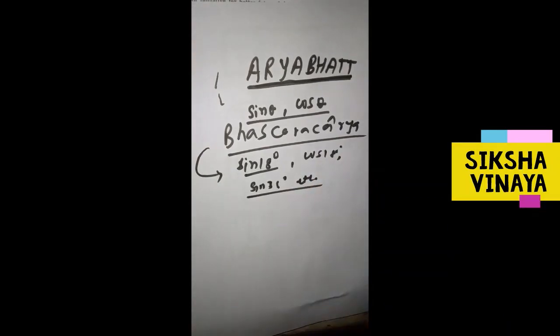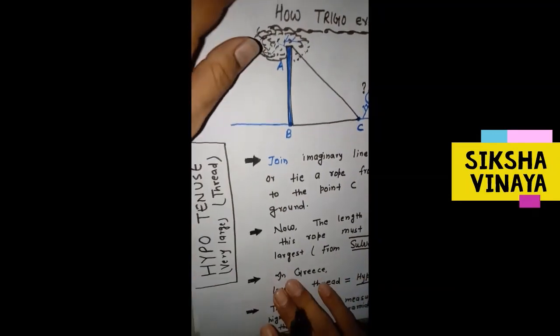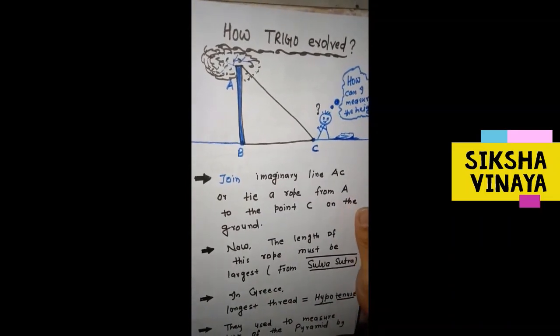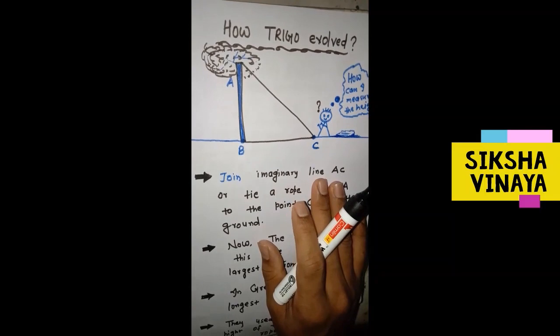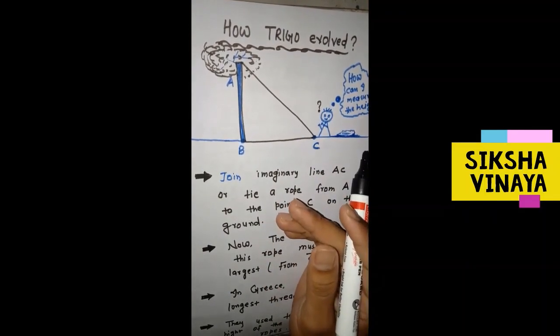Now our first topic is how trigonometry evolved, and why it was needed that a mathematician discovered it.